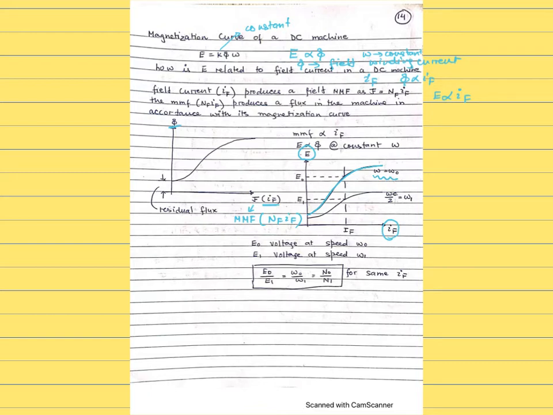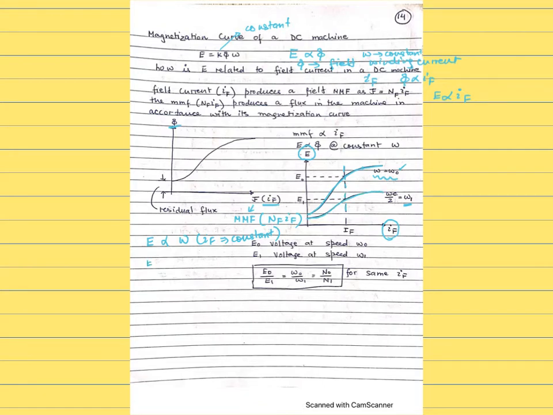Under the saturation part, we have to look at the graph because the change might not be proportional. Another conclusion we can make is that if you keep IF constant, E is proportional to omega. Let's say here was omega 0. Now you lower the speed to half of that, so this graph is going to be shifted down.